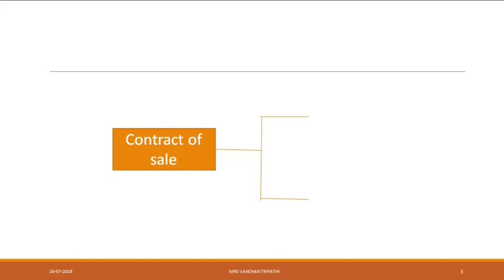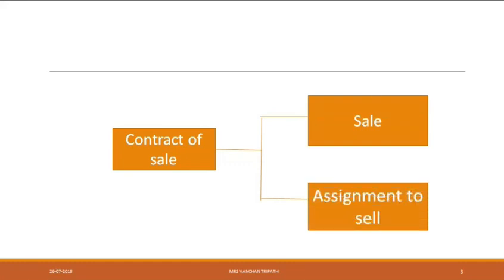This Act has two elements. First is the sale and another is the agreement to sell. Many times students are confused about these two terminologies. They are not able to discriminate between them. So in this video, I would like to talk about sale separately.